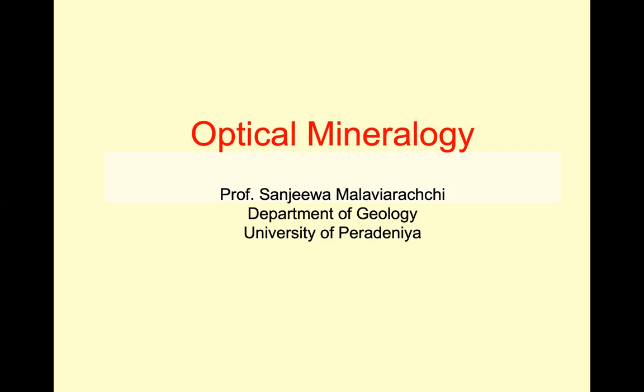Elemental composition as well as the mineralogical composition or the rock composition. Because all these layers have rocks, right? They are made of rocks, and rocks are made of minerals, right? Either one mineral or many minerals, right? So we call such rocks monomineralic rocks or polymineralic rocks, right? For example, if you take quartz, it's a mineral, right?